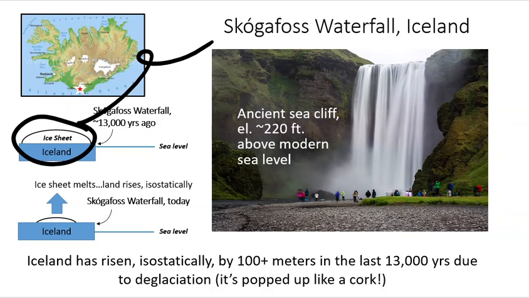And by the way, there are many places in Iceland, including the area of the Skógafoss waterfall, that are still undergoing rapid rates of isostatic rise, on the order of, in some places, up to about 10 millimeters a year. In effect, the island of Iceland is still popping up isostatically as a result of climate change around 13,000 years ago.